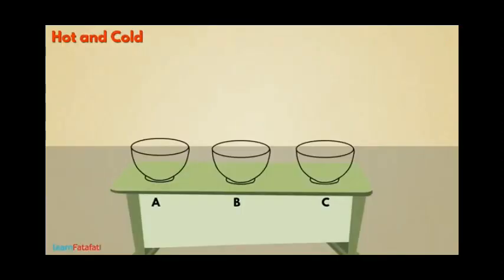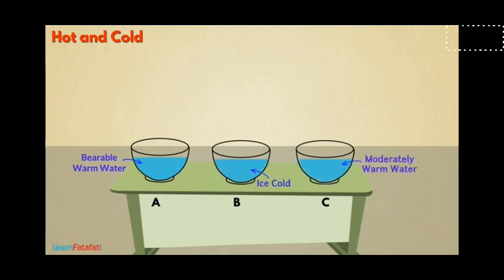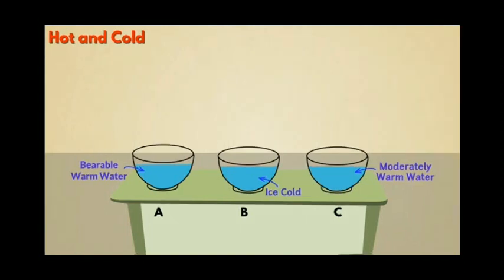To do this activity, you need to take 3 bowls A, B, C. The size of the bowl should be such that you can easily put your hands in it. In bowl A, you have to take warm water.